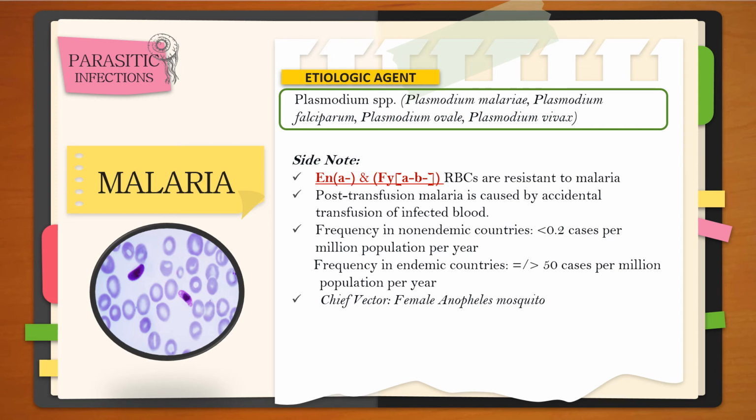Moving on, the frequency of malarial infection in non-endemic countries is less than 0.2 cases per million population per year, while the frequency in endemic countries is equal to or greater than 50 cases per million population per year. The chief vector of malaria, of course, as we all know, is the female Anopheles mosquito.